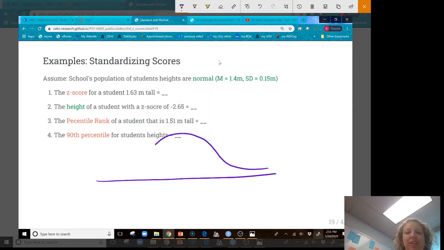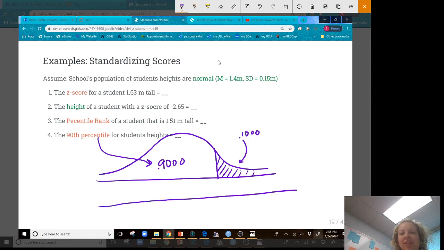This one was different. We said we had the 90th percentile. So that says that the other side has to be 0.10. To get that, in our table in the book, the closest z was 1.28.